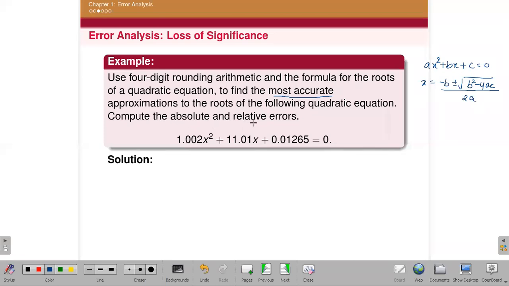Compute the absolute and relative errors. So this is the quadratic equation. To find the absolute and relative error, you have to find the exact roots also. By simply putting this quadratic equation into the calculator, you can find the exact roots of the given quadratic equation.